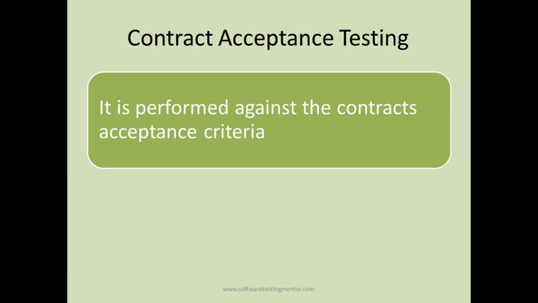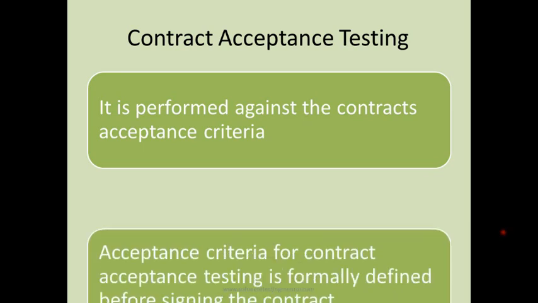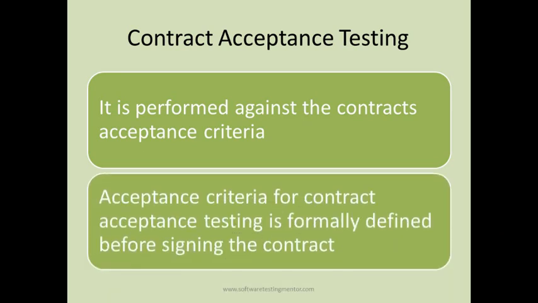Contract acceptance testing is performed against any contracts or acceptance criteria defined in the contract. And the acceptance criteria for contract acceptance testing should be formally defined before signing the contract.